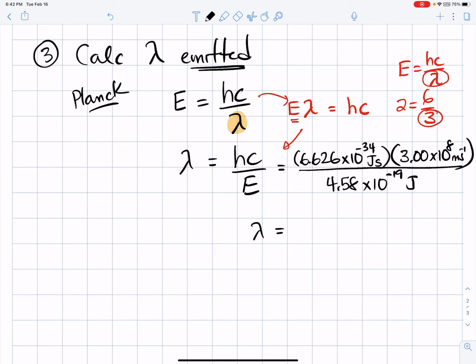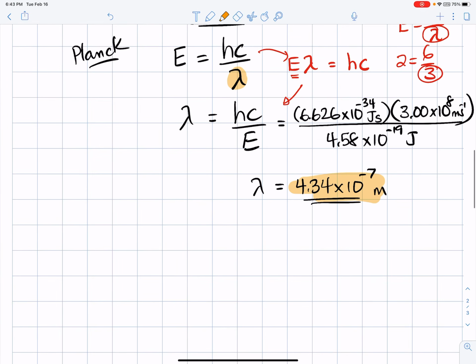Every time you heard me say times 10 to the power of, I was pushing the scientific notation button on my calculator. So the answer I get is 4.34 times 10 to the negative 7, and because this is a wavelength, we're going to get meters as our units. So there's the wavelength of light that's emitted when the electron falls from level 5 to level 2.